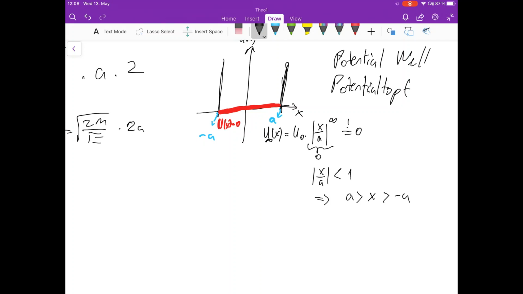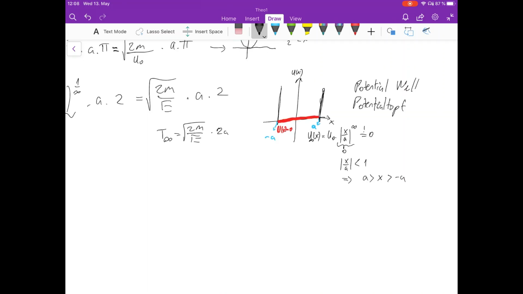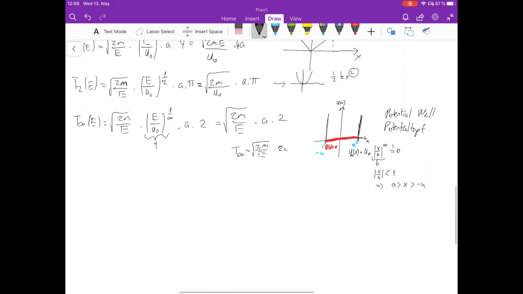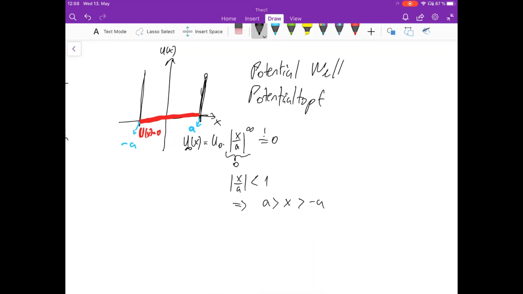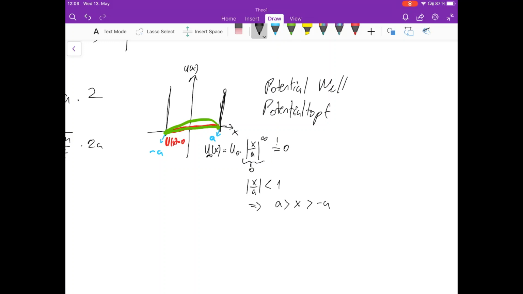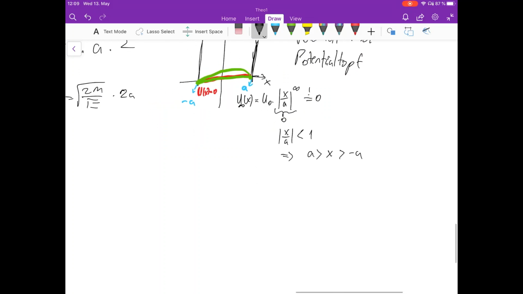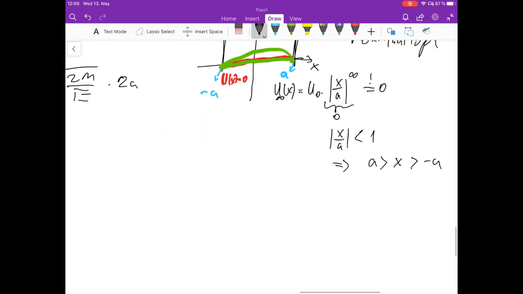So cool. Let's head back and remember what the period actually was. The period was the time that I take going from this point to this point and heading back. In this case, I have a velocity, from the kinetic energy, and let's say it's v.